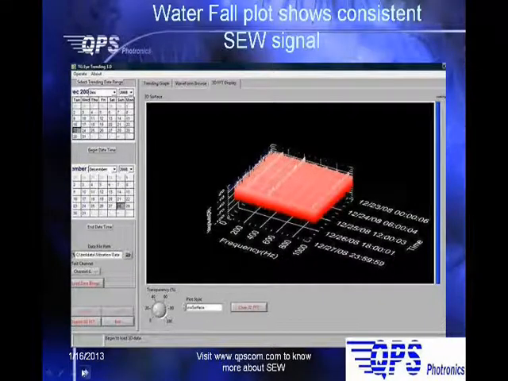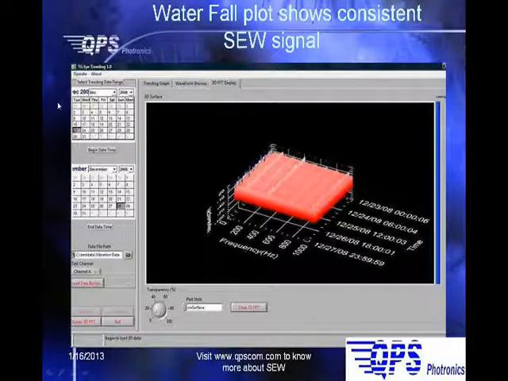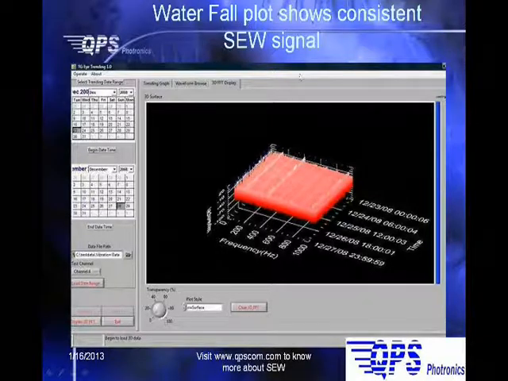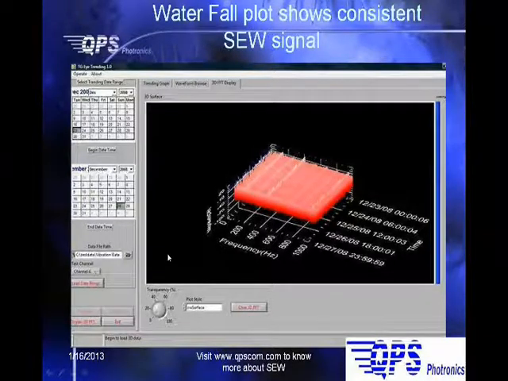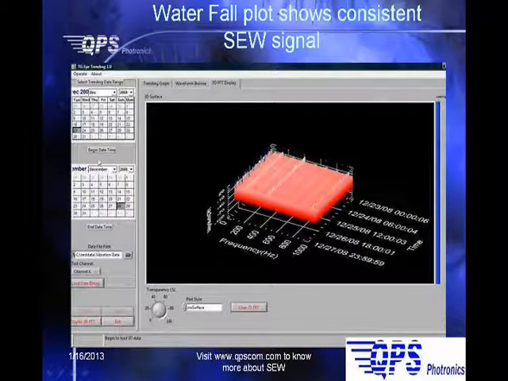To show that this SEW is very consistent, I have made another plot called the waterfall plot, which is a distributed fast Fourier transform.